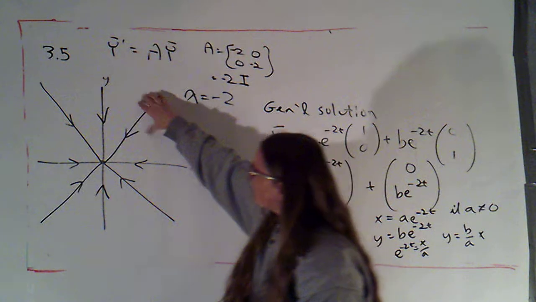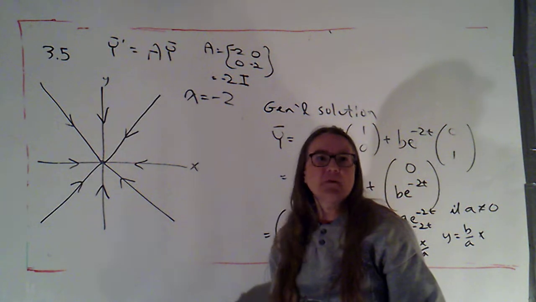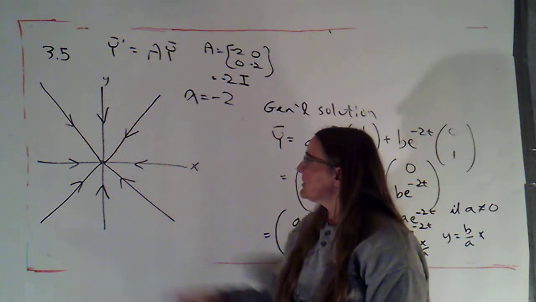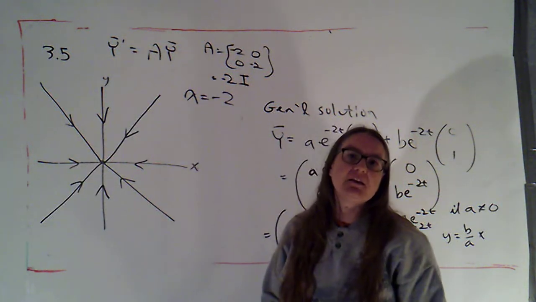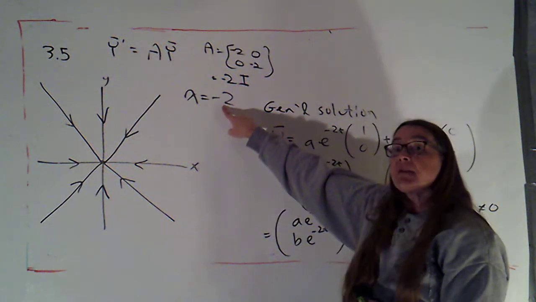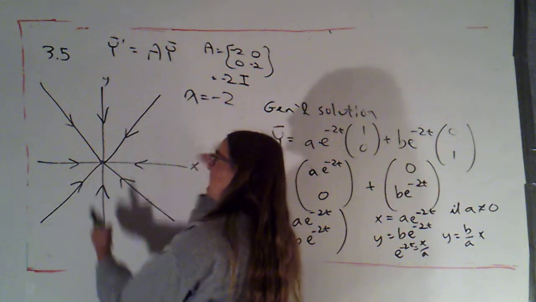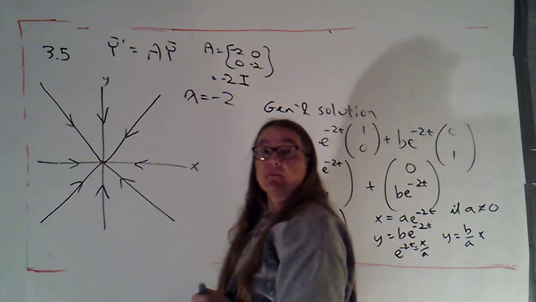As usual, those divide the plane up into 4 regions. In this case, it was the 4 quadrants. You're going to draw a representative solution curve in each of those regions. It just so happens that those representative curves are also going to be lines. And of course, if our eigenvalue had been positive, then instead of all of these lines approaching the origin, they would all be moving away from the origin.